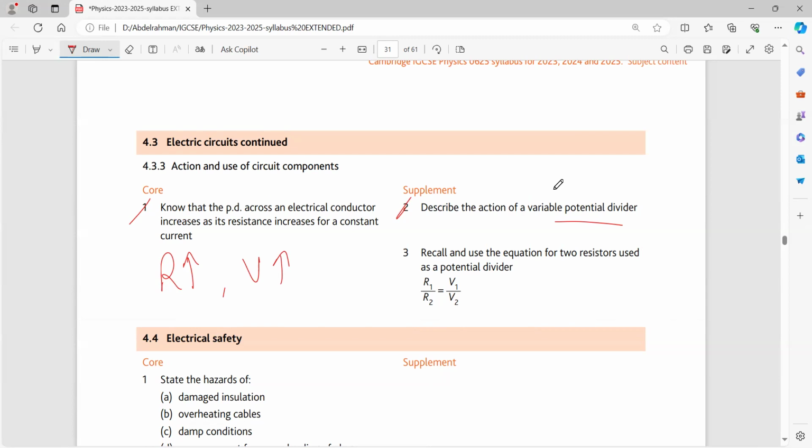We can use the ratio R1 over R2 equals V1 over V2, or V1 over R1 equals V2 over R2. It's the same.